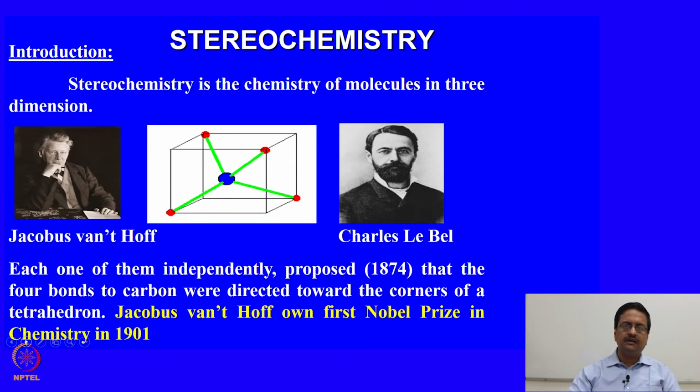So, for example, if I have a carbon atom at the center, its four bonds will form a tetrahedron, and if this tetrahedron is drawn inside a cube, then it looks like this, whatever is shown here. So this is the central carbon atom, and the other four are its substituents, which form the corners of a cube.